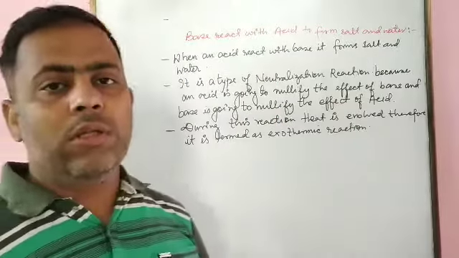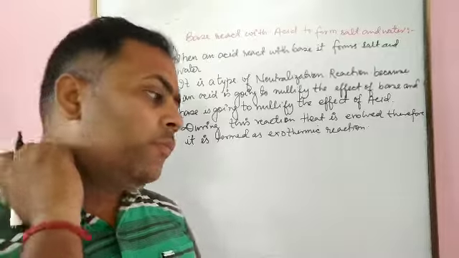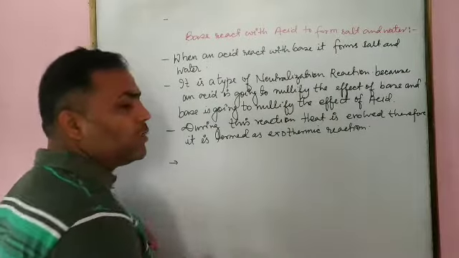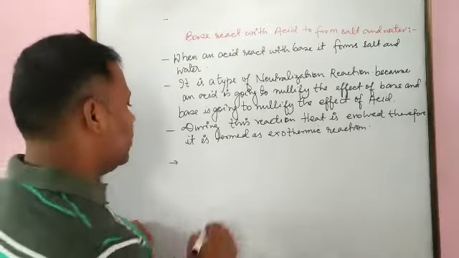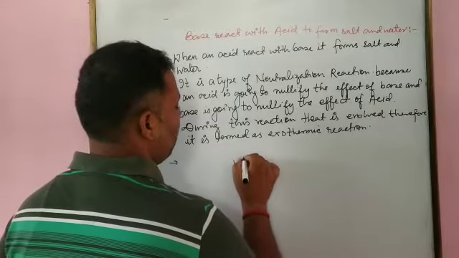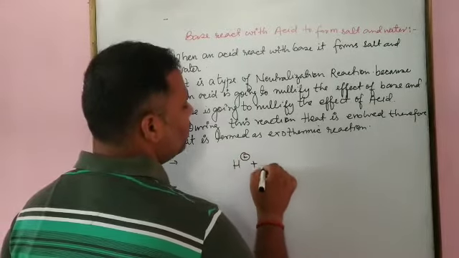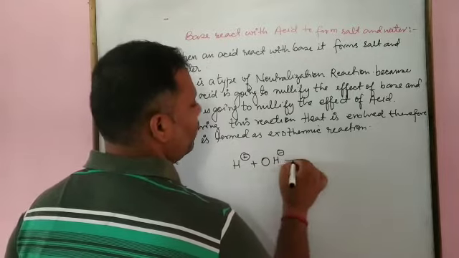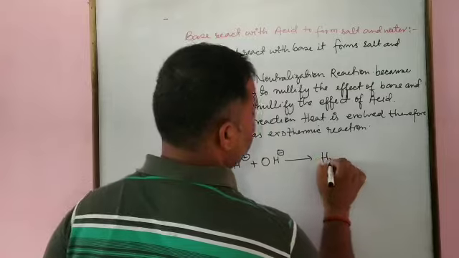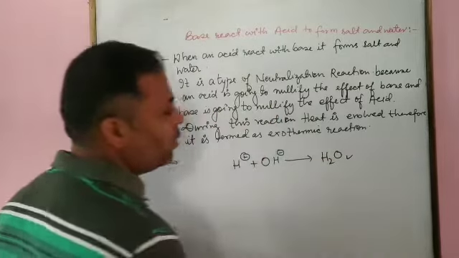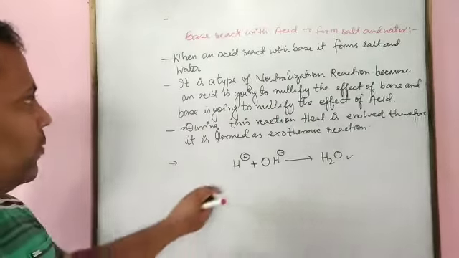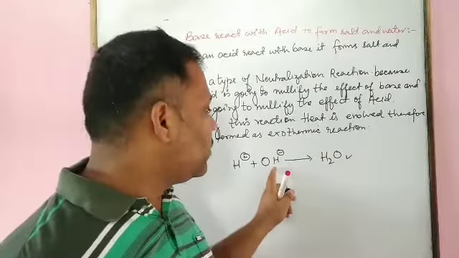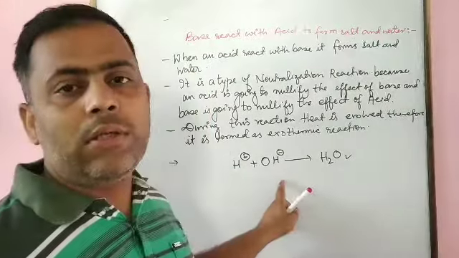What happened during this reaction? Let us discuss. We know an acid gives proton, that is H plus, and the base gives hydroxyl ion OH minus. It means they combine to form water. Acid has tendency to liberate proton and the bases have tendency to liberate hydroxyl ion.